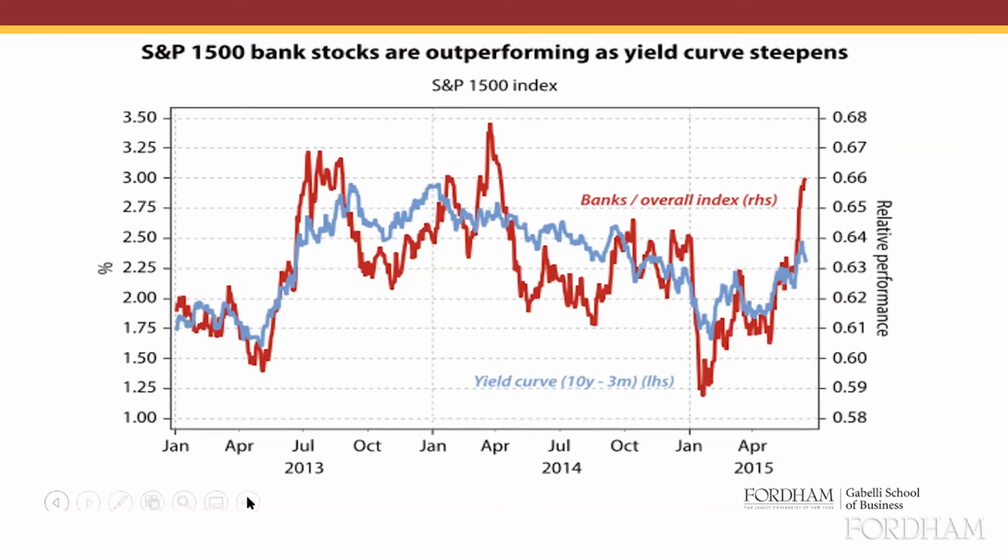So when the curve steepens, banks outperform the overall index. Investors tend to want to buy bank stocks when they believe that the yield curve is steepening, which makes sense because when the yield curve steepens, what happens to the net interest margin? Wider, right? That means that the banks can make more money.